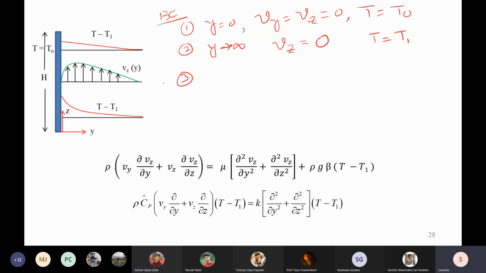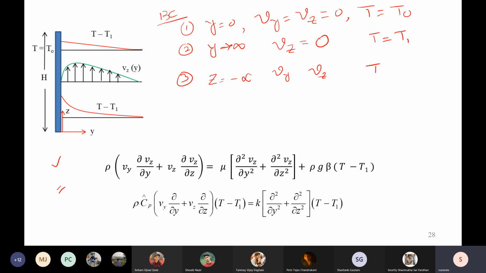And the third one is when we are talking about this region, that means when Z tends to minus infinity. What is going to happen to Vy, Vz, and T at a point far below the plate, relative to the plate? First of all, Vy.